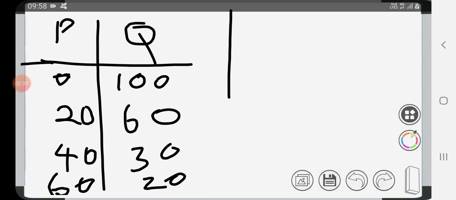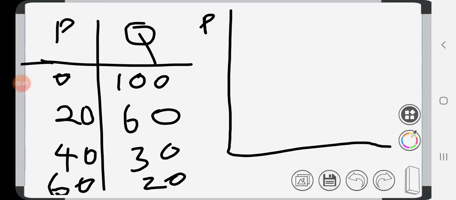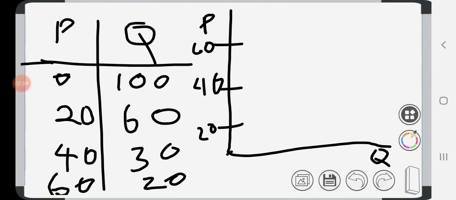Now, if you want to put this into a graph, I'm going to put price here and quantity here. On this side, I'm going to have a price of 0, 20, 40, and 60, right?